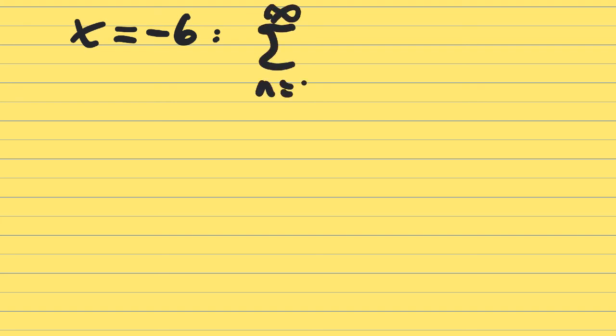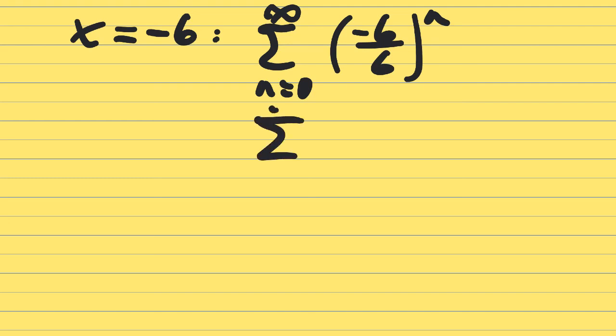Okay, so let's look at -6. Subbing that into the original problem, where we had x over 6 to the n, it is going to be -6 over 6 to the n, which is -1 to the n.